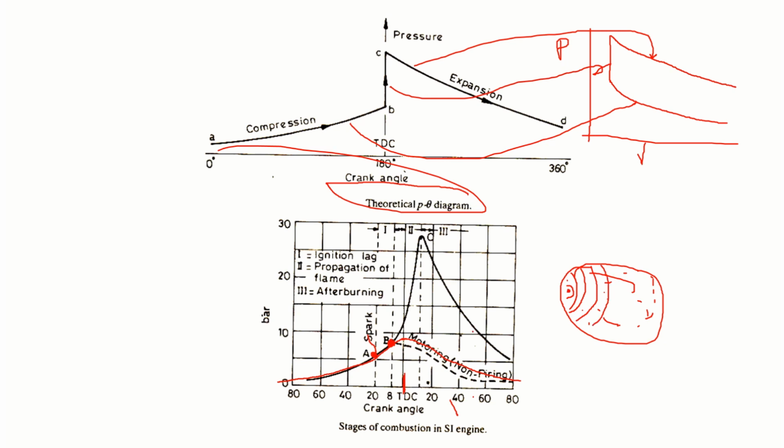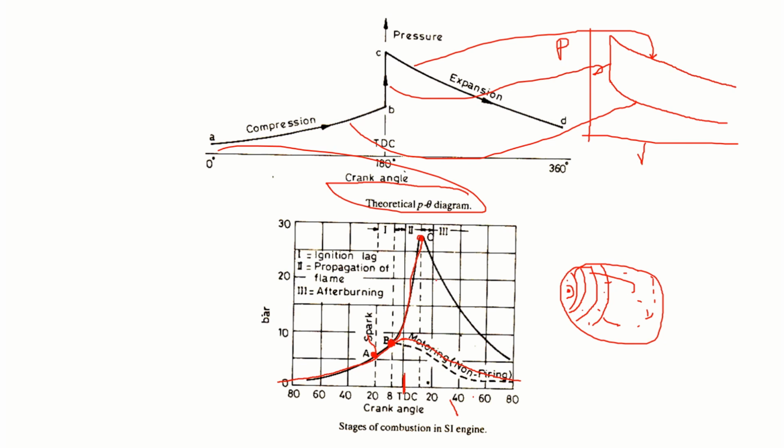As it consumes the charge, you can see the pressure increases. The pressure reaches a maximum value around 11 degrees after the top dead center. This we call the flame propagation stage.